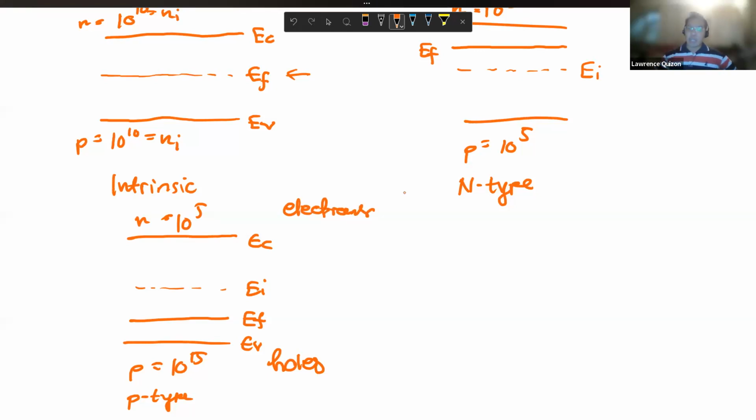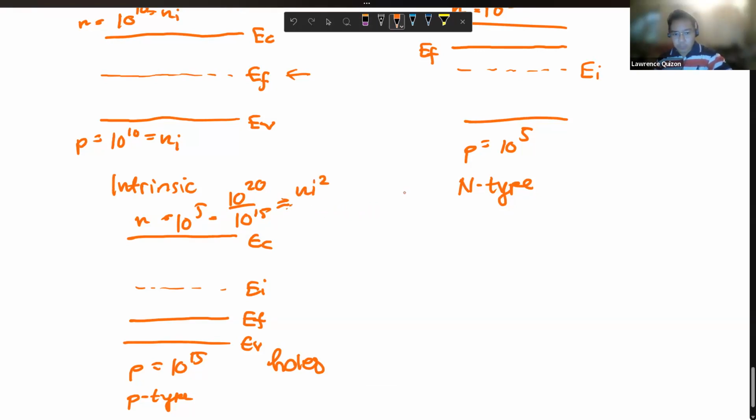All right. Now, paano ko nalamang 10 to the 5 yung electrons? Because it's Ni squared over the number of holes, which is 10 to the 15. No? Right? Okay.